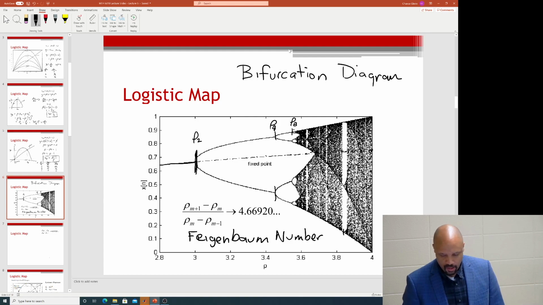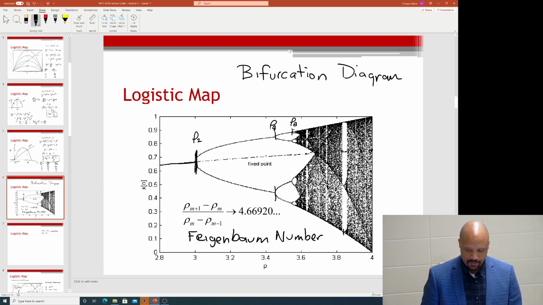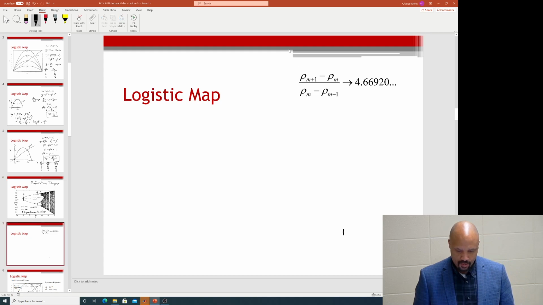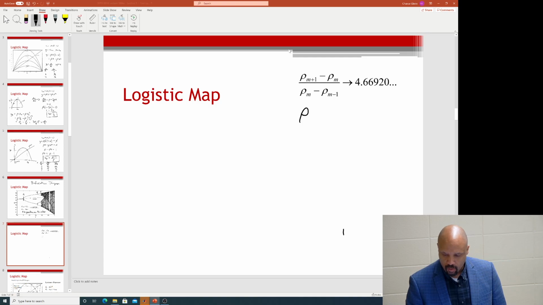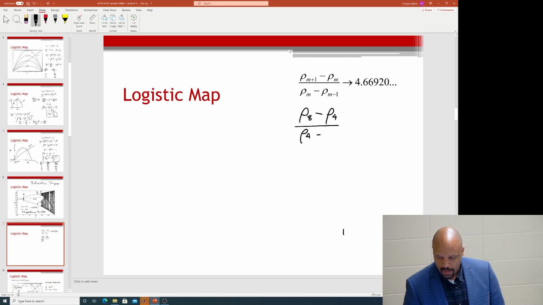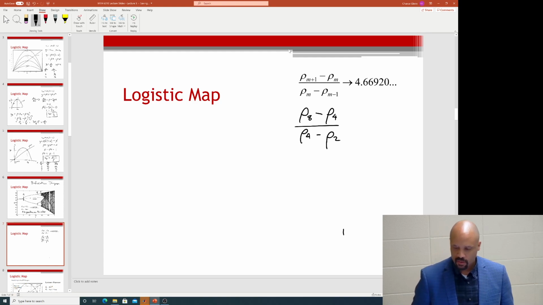Okay, so more specifically, it's going to be row 8 minus row 4 over row 4 minus row 2.